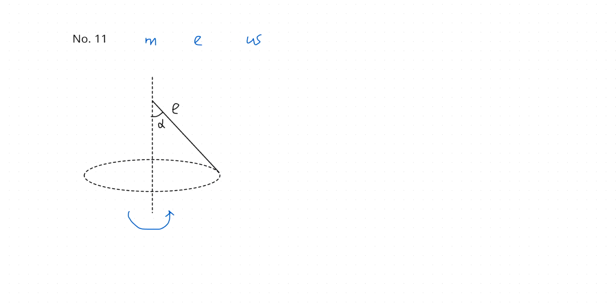Maybe you can remember, it is the right-hand rule. If we have the right hand, these fingers show the direction of rotation, and this finger will show the direction of angular velocity omega.